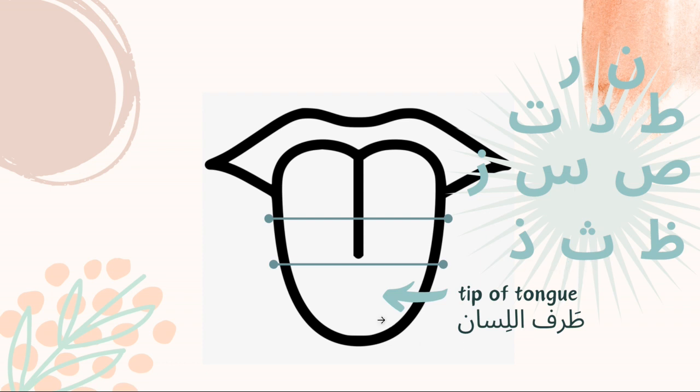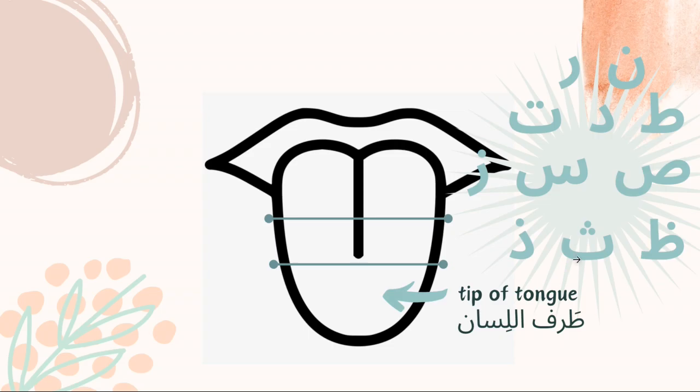Okay, so this part is a general area with specific articulation points in it, where many letters exit from this part.